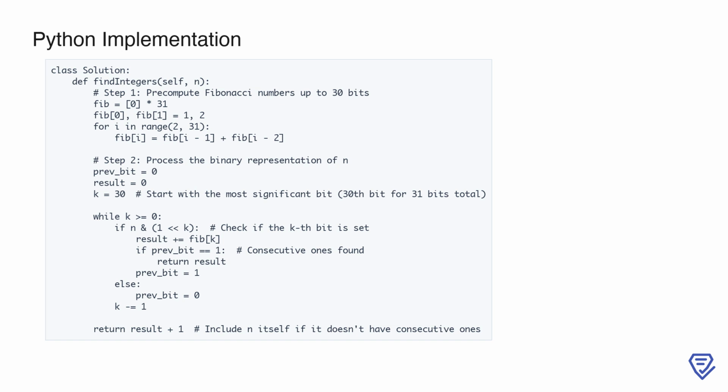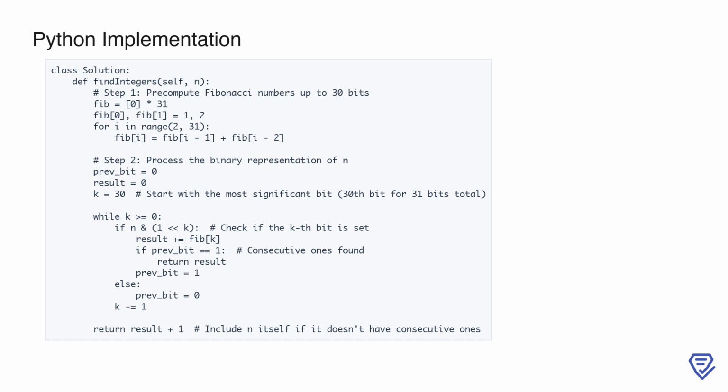If the bit is set, the Fibonacci number corresponding to k is added to the result. This accounts for all numbers smaller than n that have a 0 in the kth position and are valid up to that point. 4. Consecutive ones handling. If two consecutive ones are found during the traversal, the function immediately returns the current result. This is because any numbers greater than this point would not be valid.